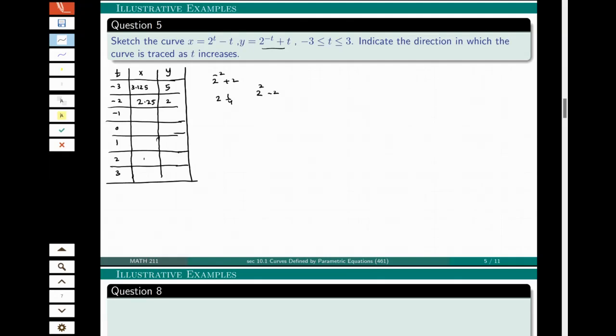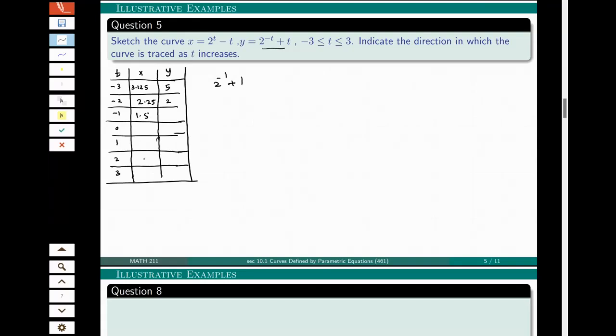Now, if I substitute minus 1, we will get 1 plus 1, so it will be 1.5.